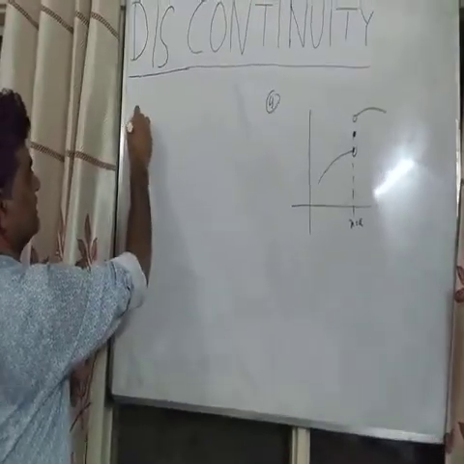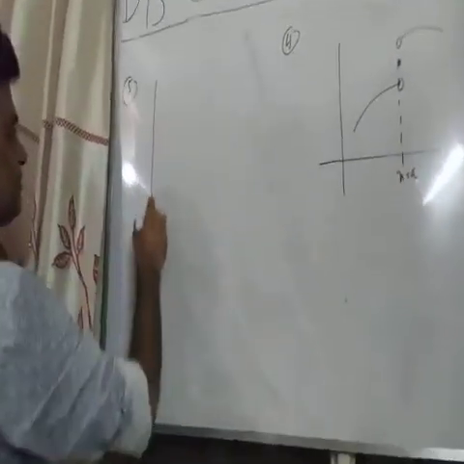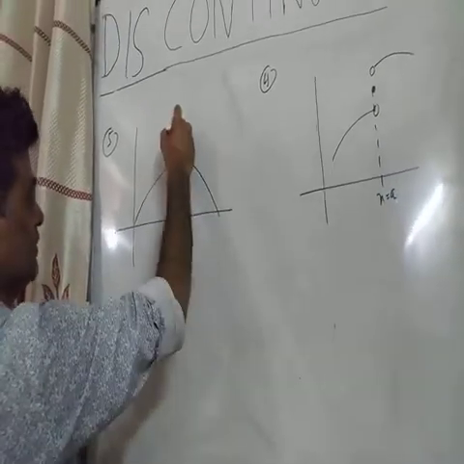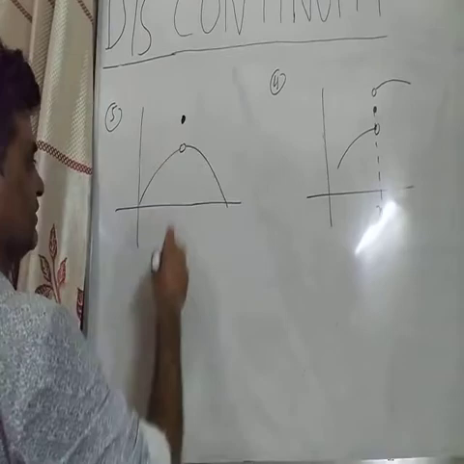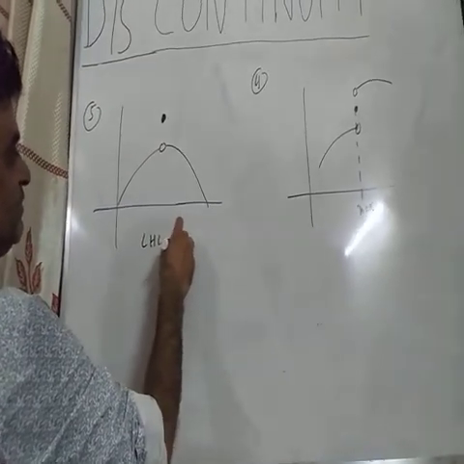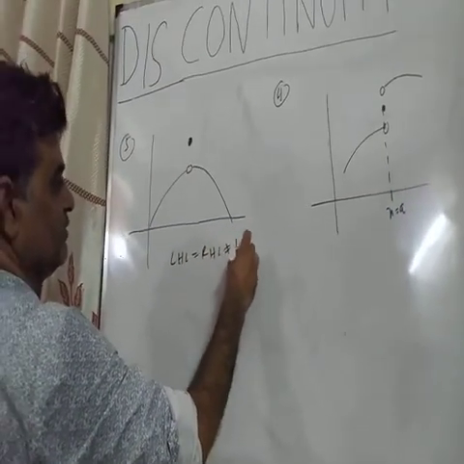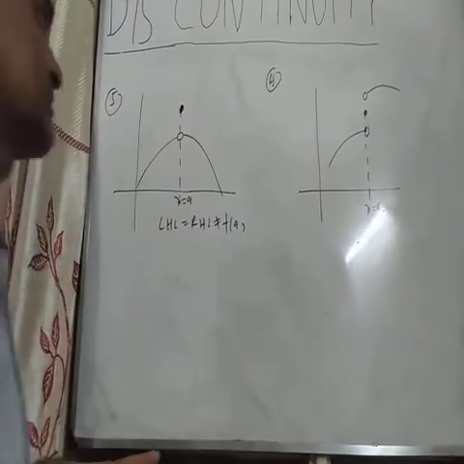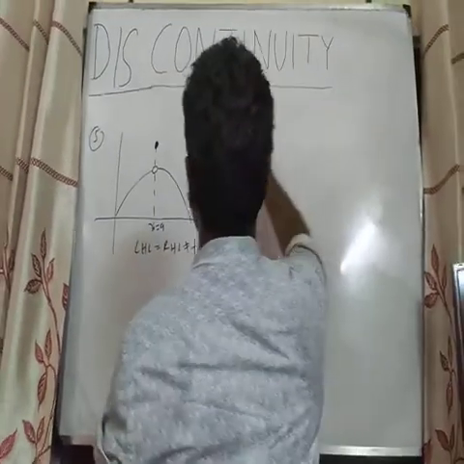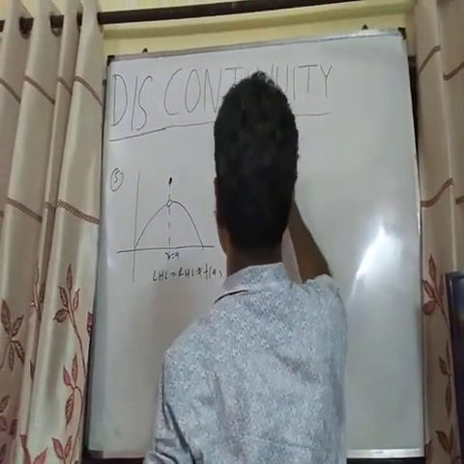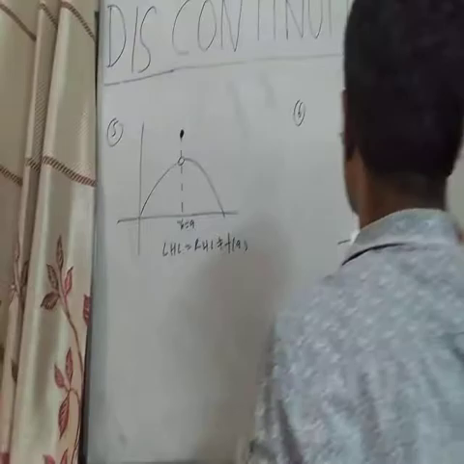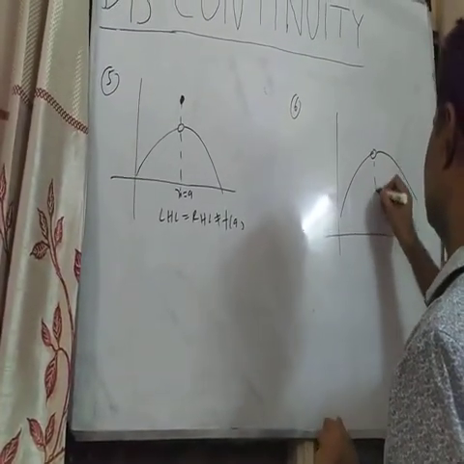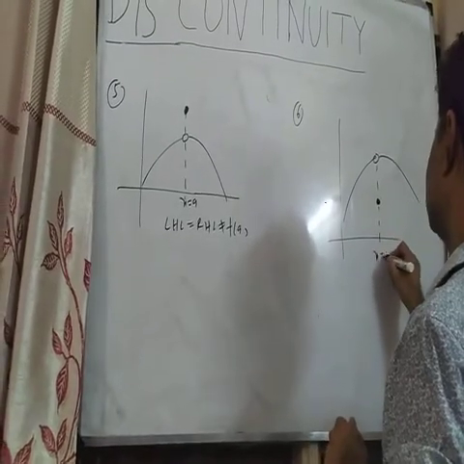Similarly, in case 5, this is the point. Here the left hand limit is equal to the right hand limit, but not equal to the value of the function at a. In this case also the function is discontinuous. Now we'll show the sixth case. This is the function, and the point is here, x equals a.